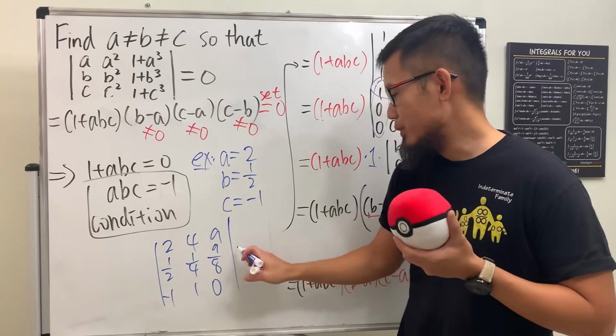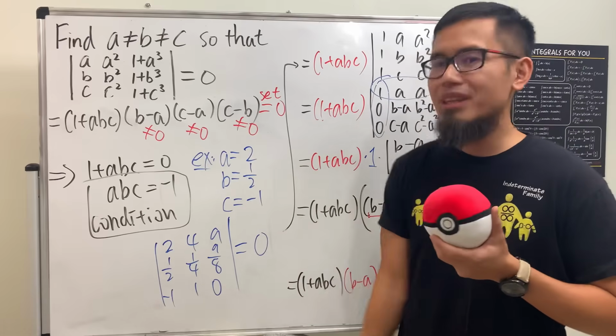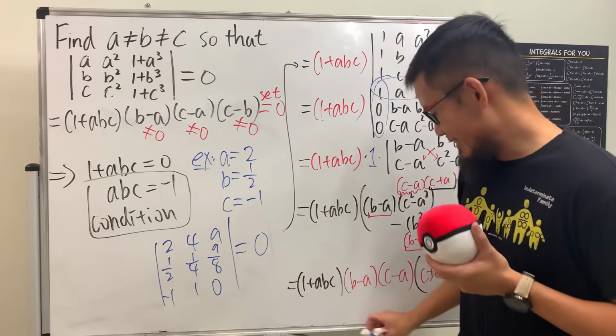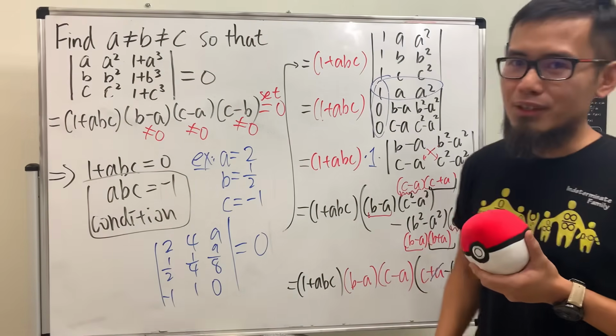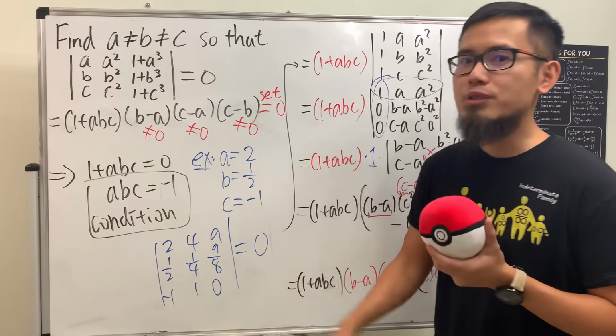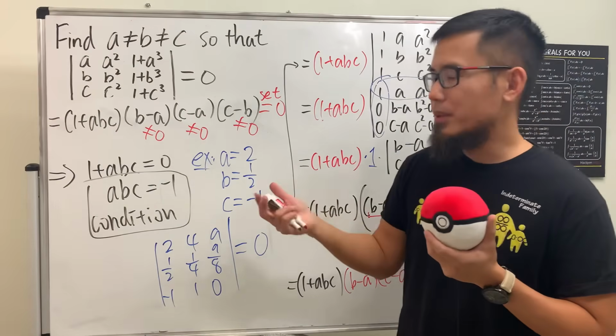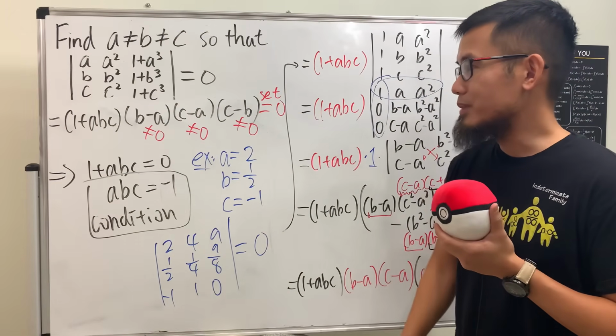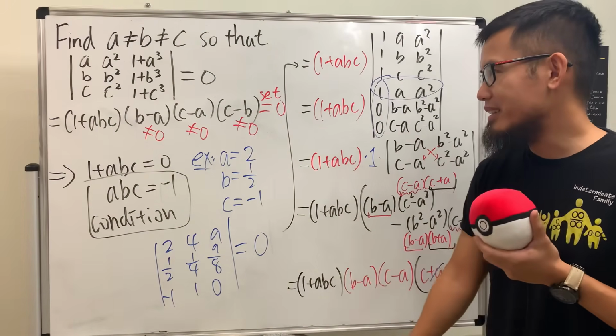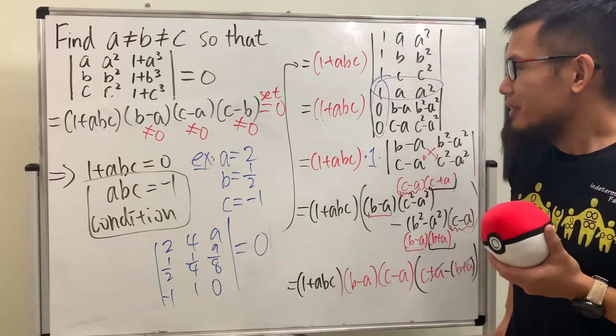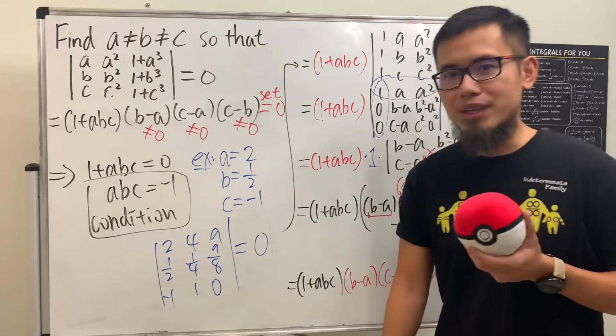Once you have this, you know the determinant will be equal to 0. Very cool, huh? Alright, so hopefully this gives you guys an idea of how we can use the properties of the determinant to help us simplify the determinant of the matrix. Alright, so that's it, and I'll do more for you guys. That's it.